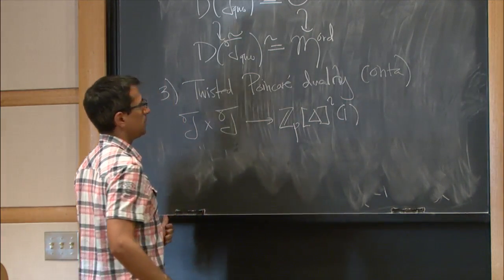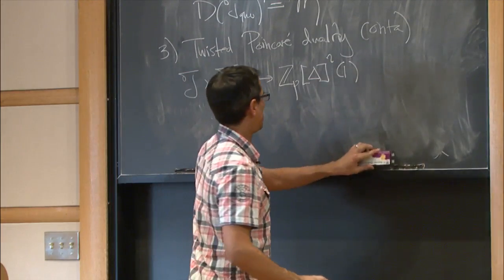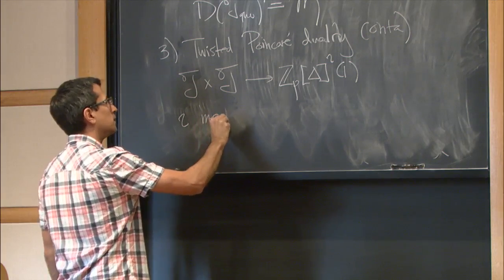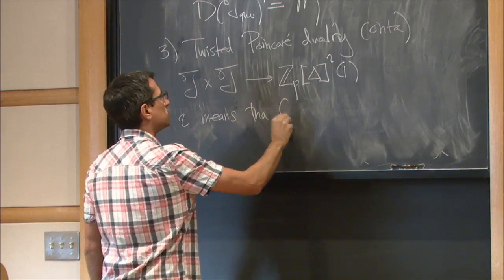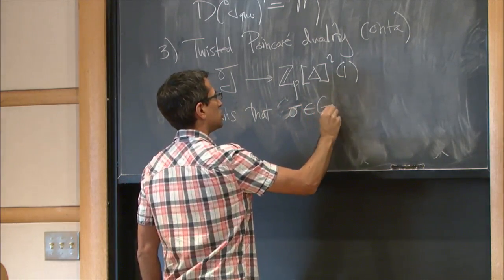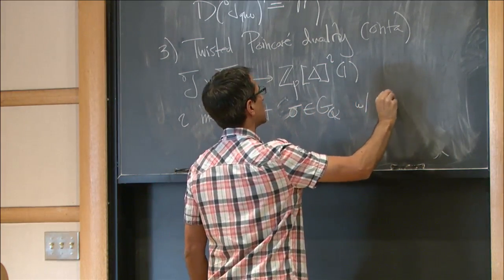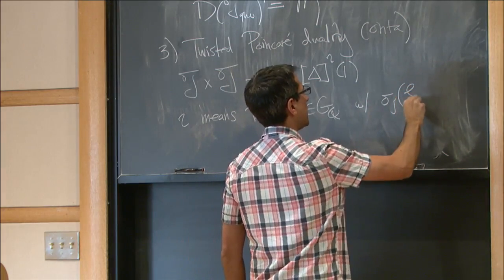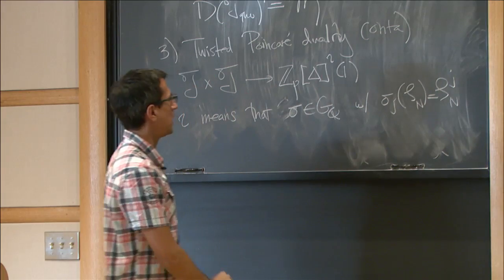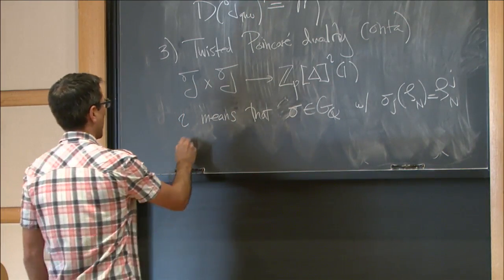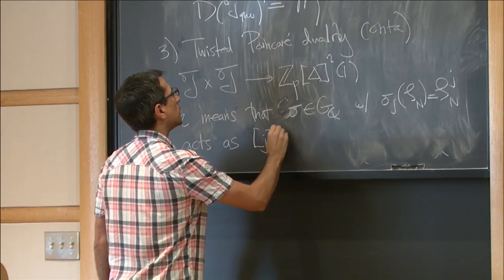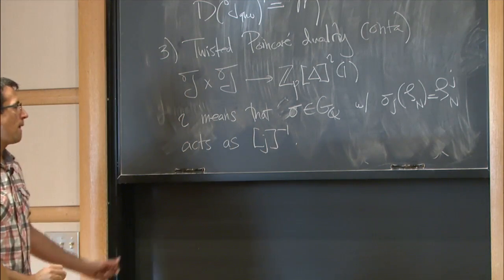So what does the iota mean? Say sigma in G_Q with sigma of zeta_n equals zeta_n to the j acts as the inverse of the group element corresponding to j.